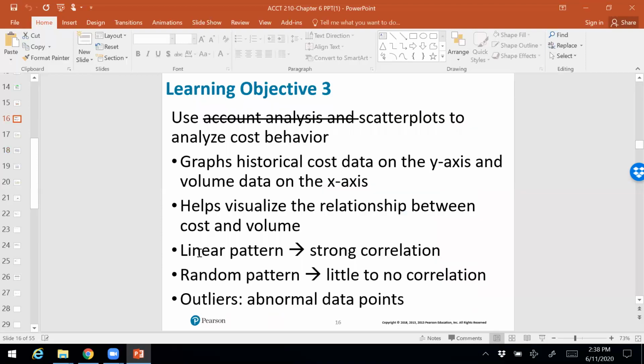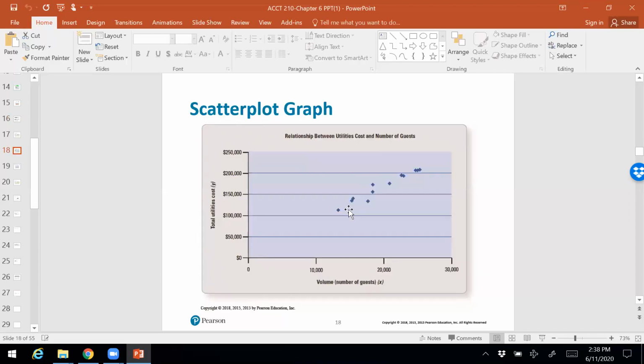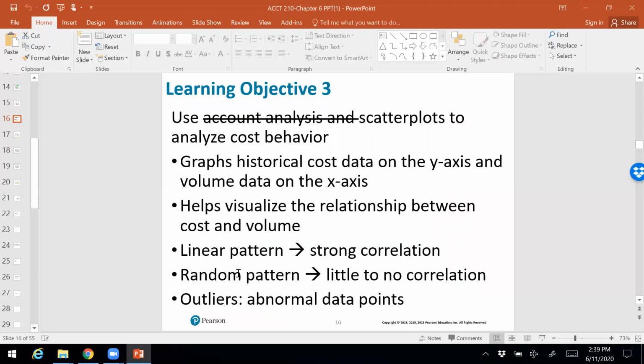If there is a linear pattern, that means a strong correlation. We can say, oh yeah, it's correlated. But if there is just a random pattern, it means little or no correlation. Outliers are just abnormal data points.